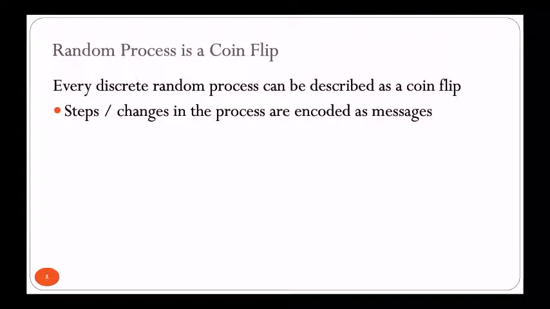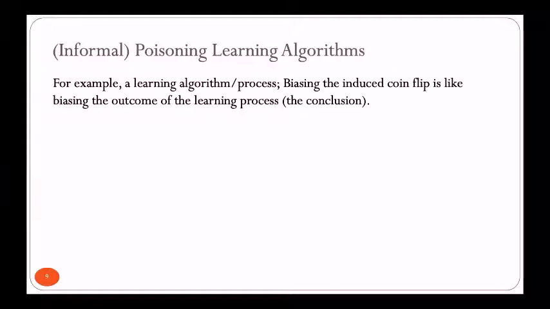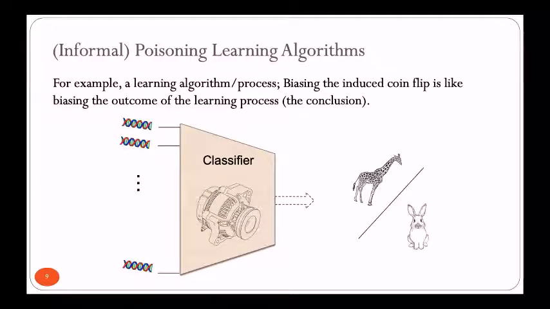Okay, so how can we use this fact to extend our result beyond only coin flipping? Let's see a concrete example. Let's say we have some classifier attempting to understand if a specific colony consists of giraffes or bunnies. How does it work? We feed this classifier many samples of random animals from this colony, and then ask it to distinguish whether this colony was made out of giraffes or bunnies.